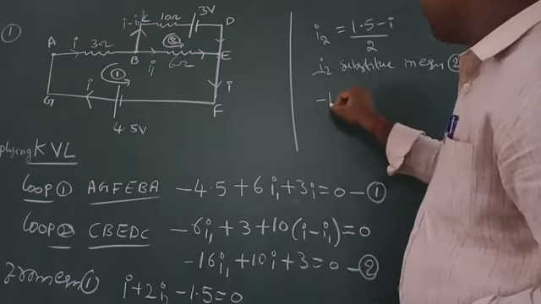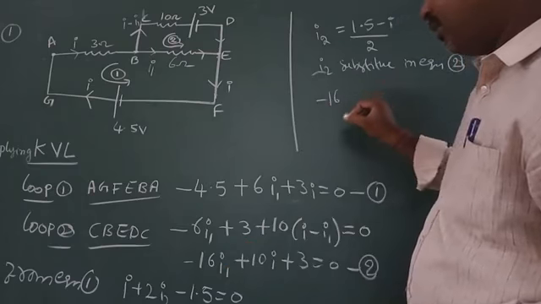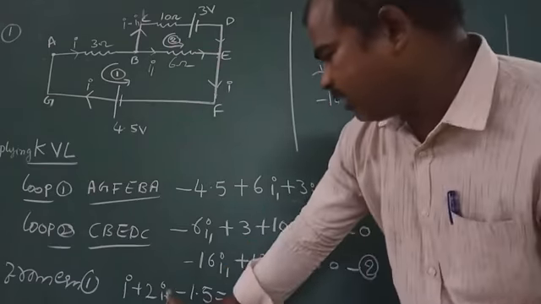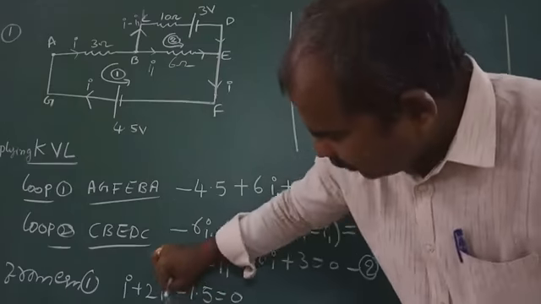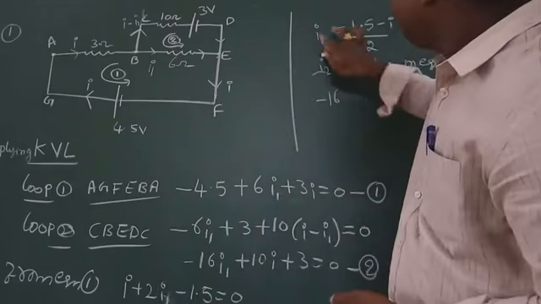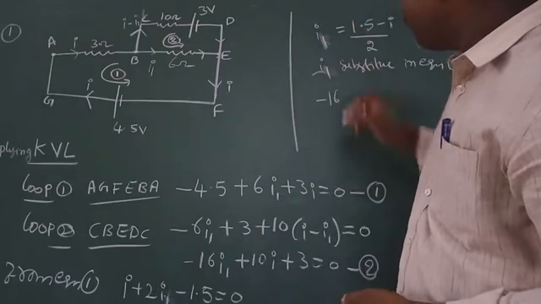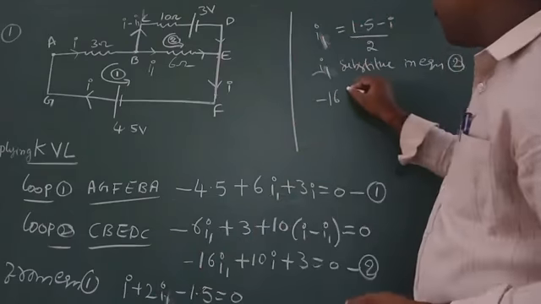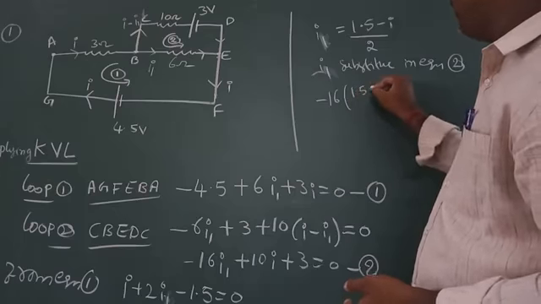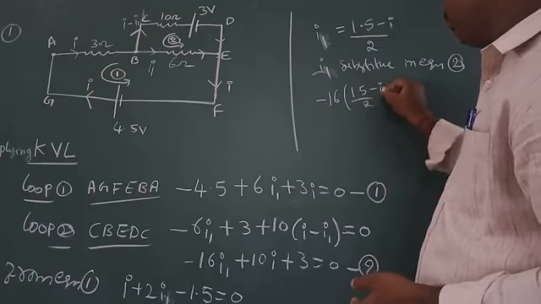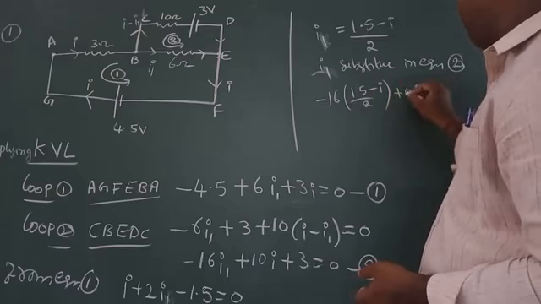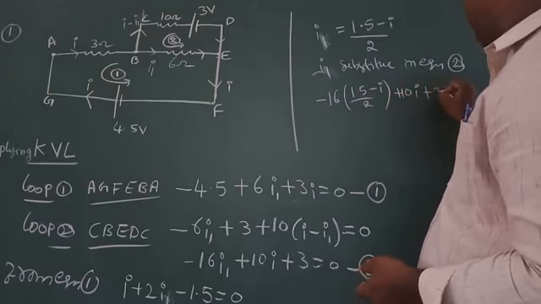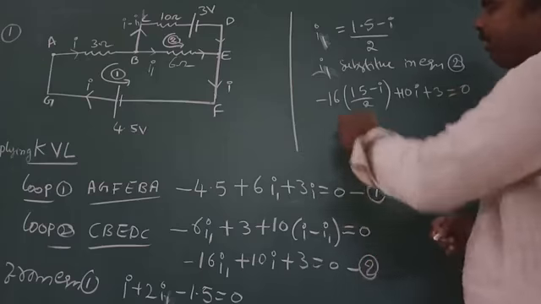Minus 16 into (1.5 minus I by 2) plus 10I plus 3 equals 0.